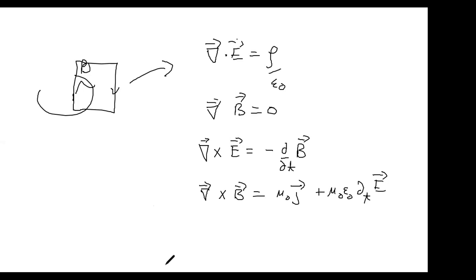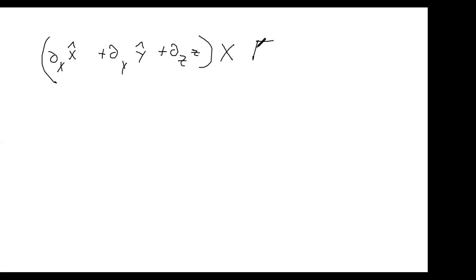Hey, Sean. Yes. I don't really remember curls that well from Calc 3. Are they kind of like moments, where it's just the radius cross something? Well, no. It's partial x hat plus partial y hat plus partial z hat. Treat it as a vector and take the cross product, say, with the electric field.